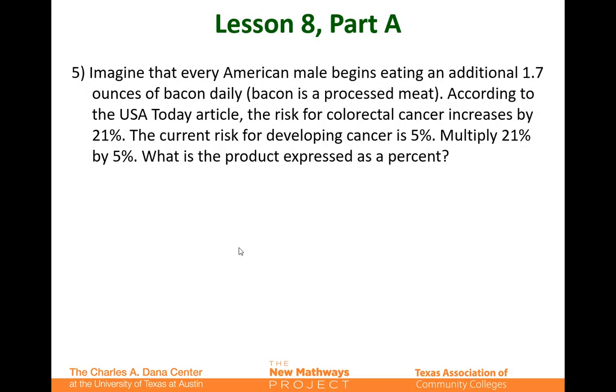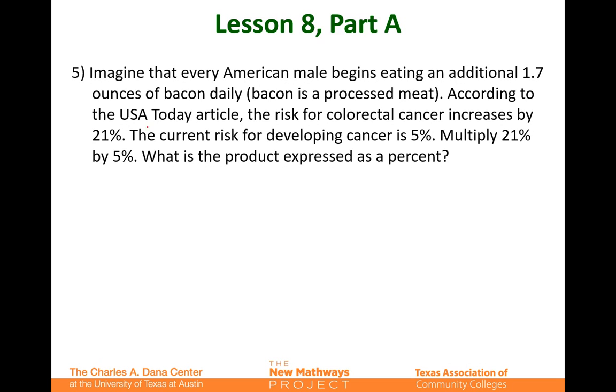All right, imagine that every American male begins eating an additional 1.7 ounces of bacon daily. Bacon is a processed meat. There's other processed meat, things like hot dogs and bologna. According to the USA Today article, the risk for colorectal cancer increases by 21%. The current risk for developing cancer is 5%. Multiply 21% by 5%.